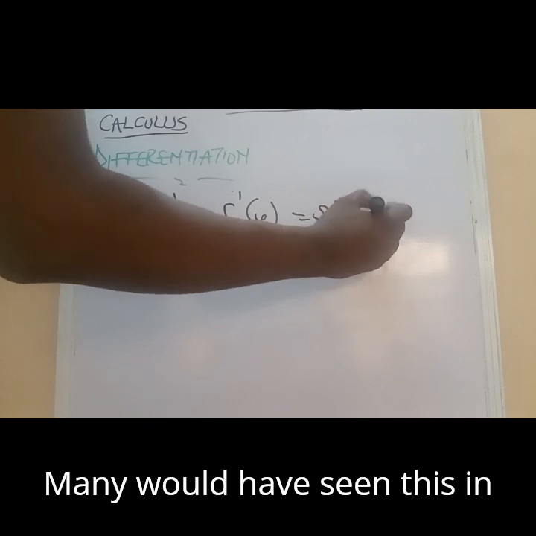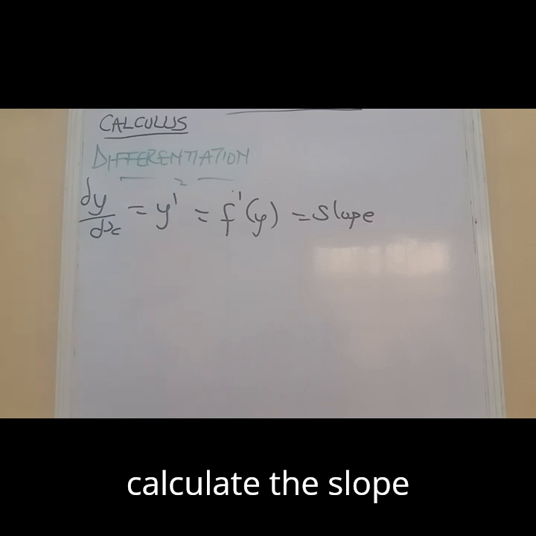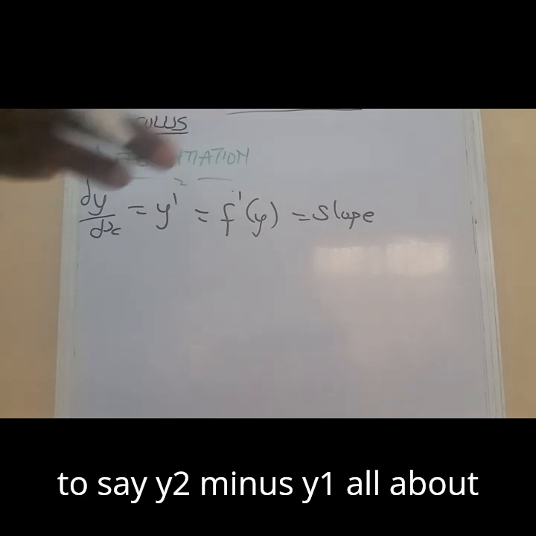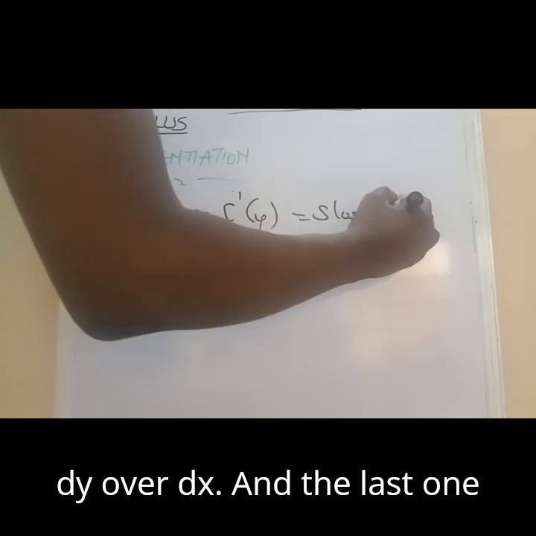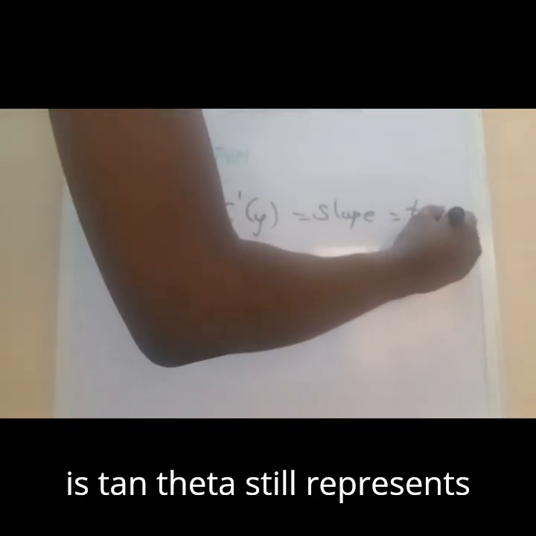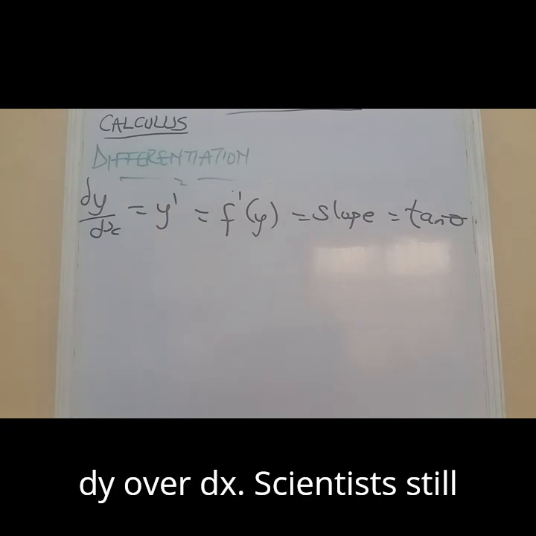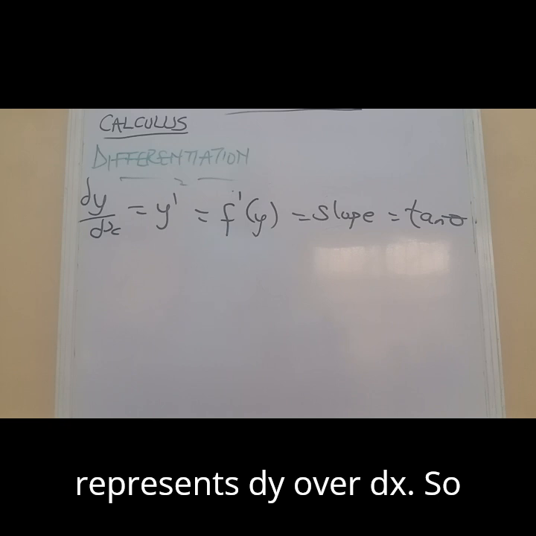Many would have seen this in physics when asked to calculate the slope of a graph, where you say y2 minus y1 all over x2 minus x1. This is still the same thing as dy over dx. And the last one is tan theta, which still represents dy over dx. So let's move forward.